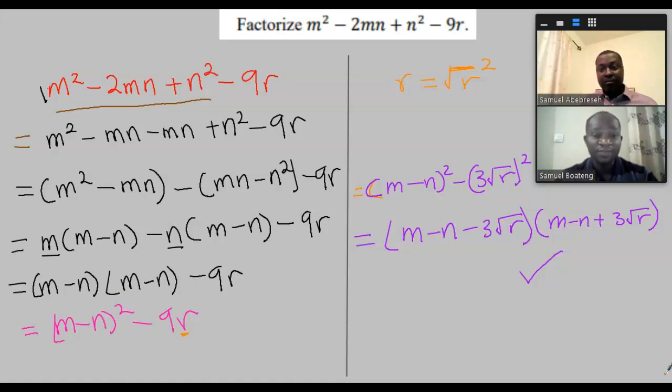One thing you need to bear in mind is you always have to look at the trinomial first, and then you maintain the other term. When we work on the trinomial, it becomes clear, as you can see in the solution, where we had m minus n all squared minus 9r. If you understand your algebraic expression very well, you see that here you need to use difference of two squares.